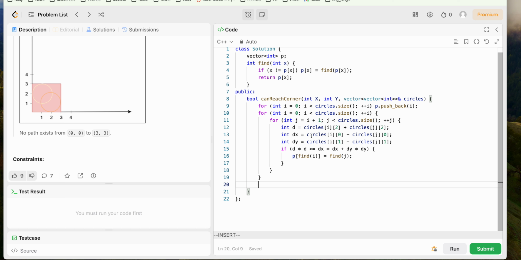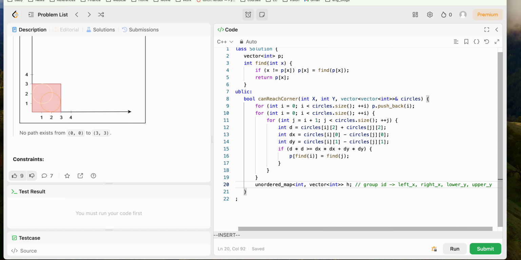Then we are able to check each group. Then we have an ordered map, which is used to remember the group ID to a list of the left x, right x, and lower y, upper y.